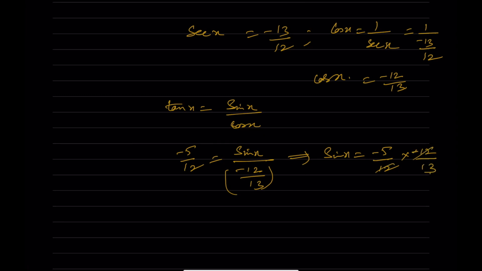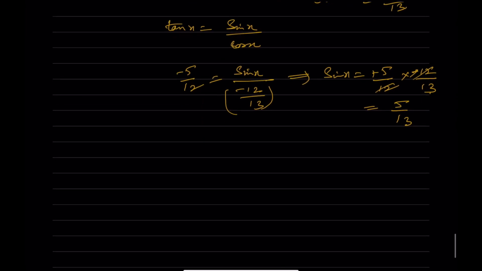So 12 will get cancelled, minus minus will become positive. So therefore the answer is 5 by 13. This is sin x, 5 by 13. Now what is cosecant x? Cosecant x is equal to 1 by sin x, which is equal to 1 by 5 by 13, which is equal to 13 by 5.